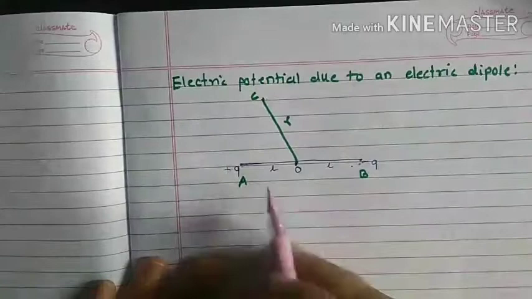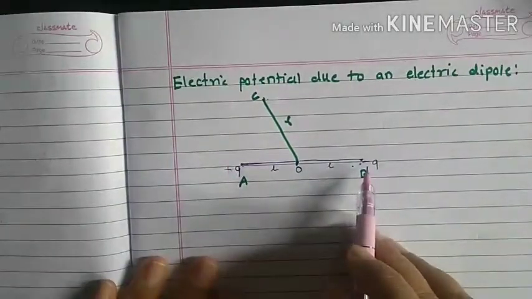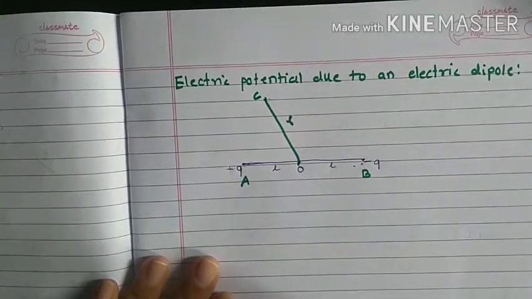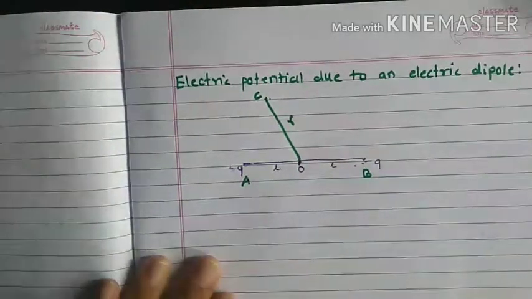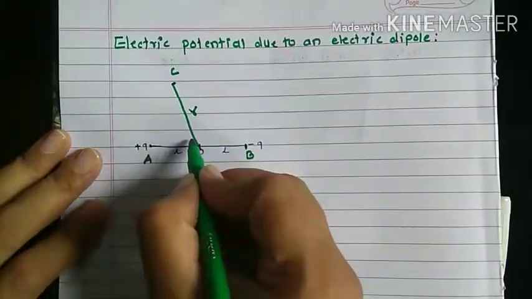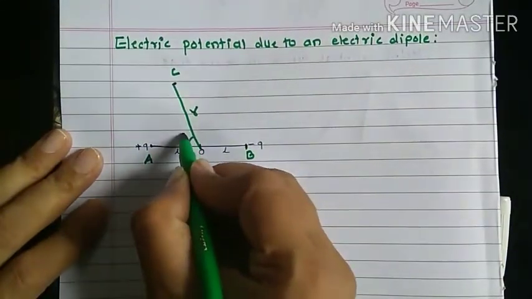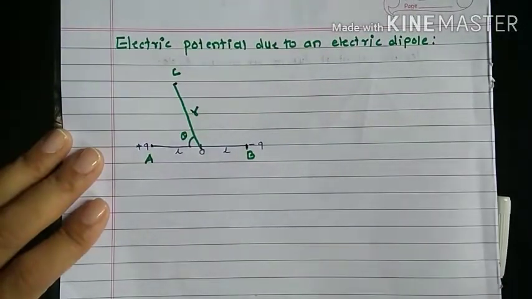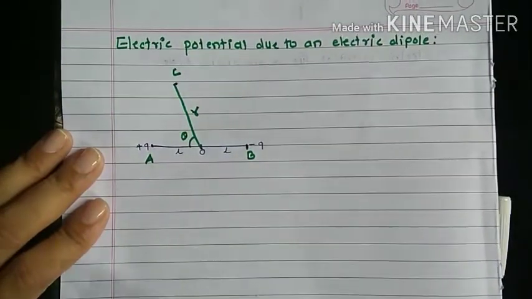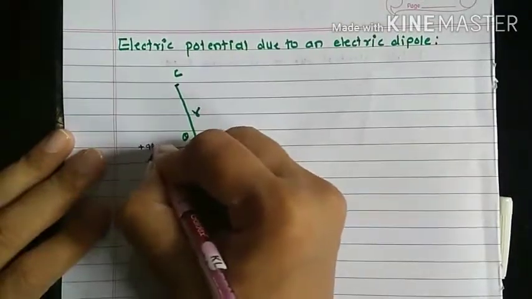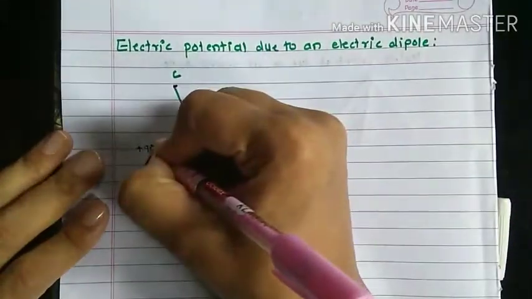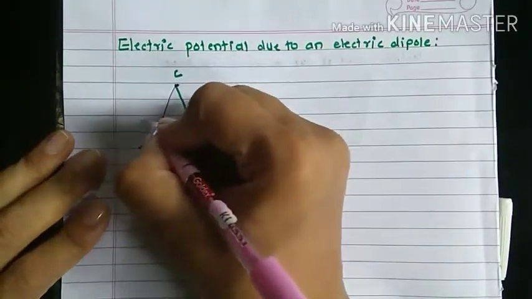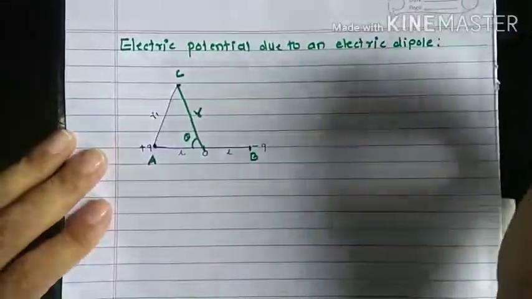The dipole moment of this electric dipole is P, and P is equal to 2QL. Now, OC makes an angle theta with the dipole. Let us join points A and C. Imagine this distance is R1.